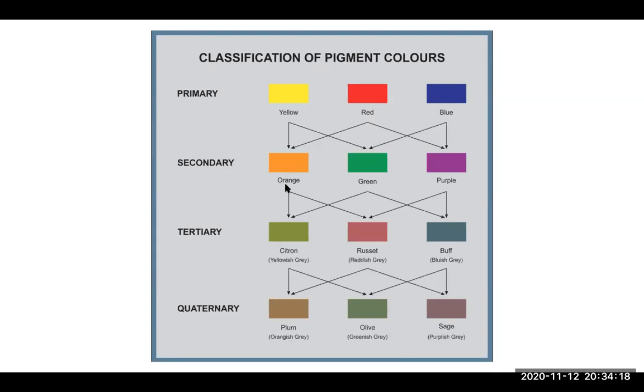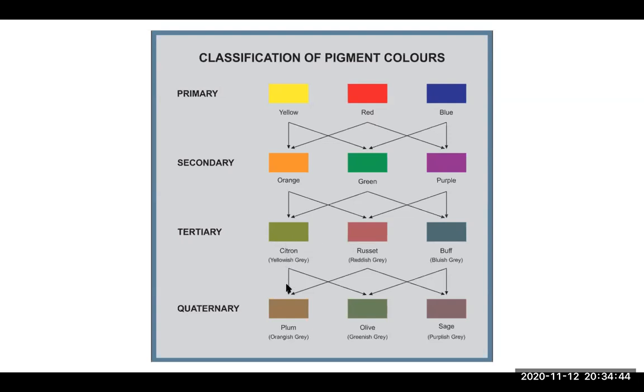Orange and green create this yellowish gray. Green and purple create this bluish gray. And orange and purple create this reddish gray. And we're going to explore that in our color wheel.